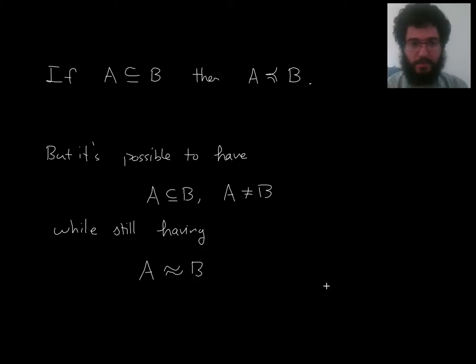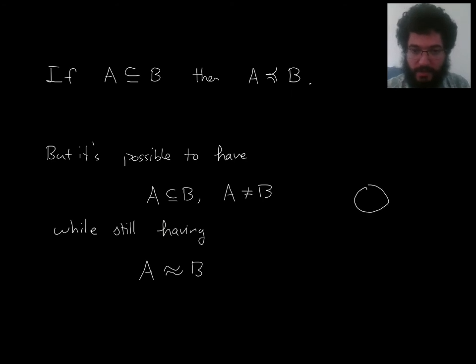Maybe I'll give a small warning here that that kind of reasoning, that this makes sense to be true, thinking about numbers of elements, can quickly mislead. So it's true that if A is a subset of B, then there exists an injection from A to B. But it's possible to have the following situation, and it's quite common. You can have A be a subset of B. You can have it actually be a proper subset of B, which means a subset but not equal.